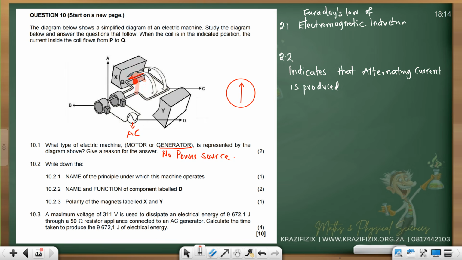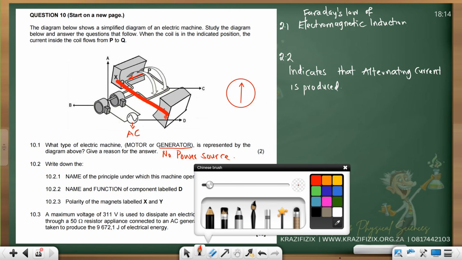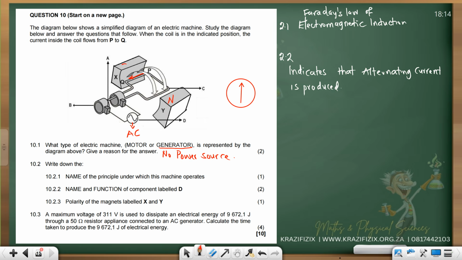Now, the second finger should be where? Coming out this way. That's current. If you do that, you would see that you are actually pointing from here to here. So Y becomes the north, and that becomes the south.